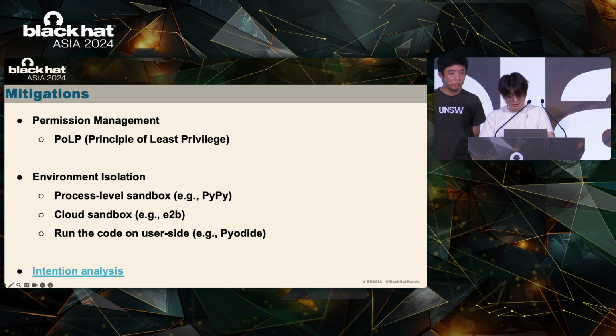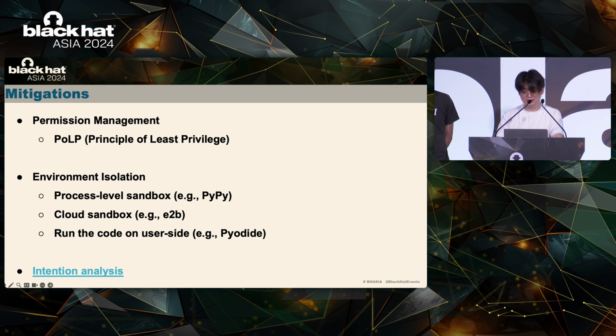To achieve this goal, there are process-level sandboxes like the PyPy sandbox lib, cloud sandboxes such as E2B, or tools like Pyodide that embed the code execution in the browser using Node.js and Wasm techniques, allowing the code to run on the client side rather than the server side to prevent code execution on the server. In addition, prompt-level defenses can also help somewhat to filter out prompts with malicious intent.